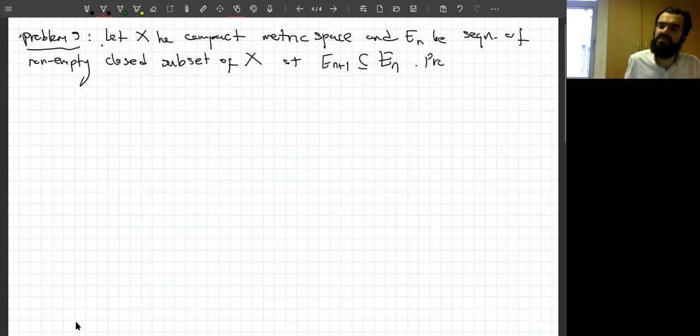Prove what? This intersection of E_n, n from 1 to infinity, is non-empty.